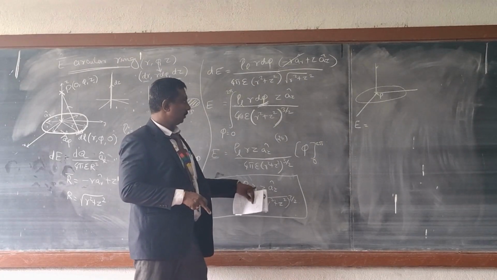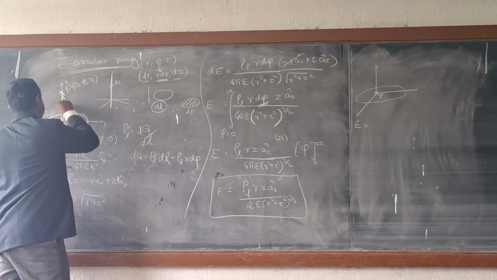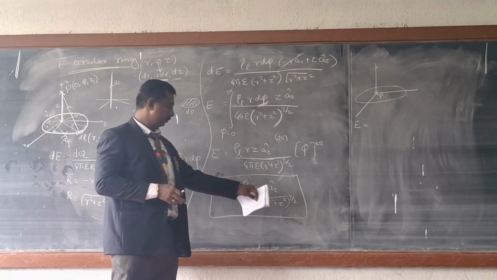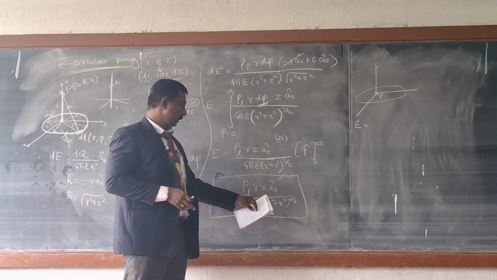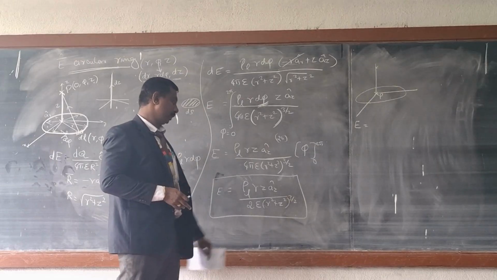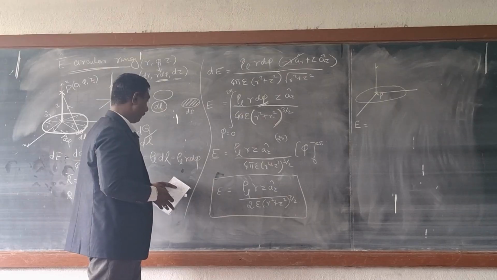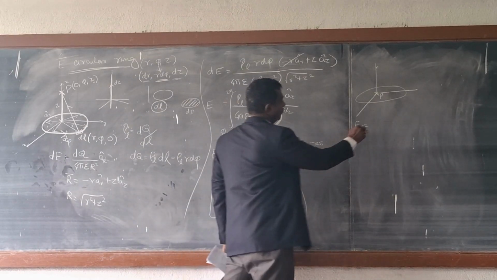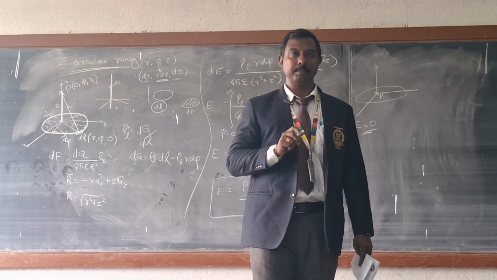Since Z is 0, right? Z is nothing but this height. Since Z is 0, the numerator is 0 and this will also be 0. So the whole thing becomes 0. So at the center of the circle, the electric field will be 0.